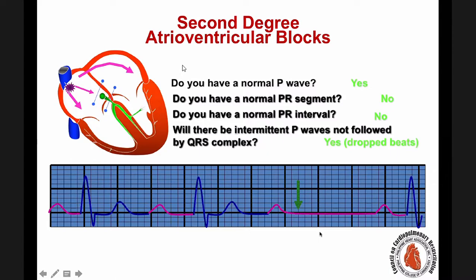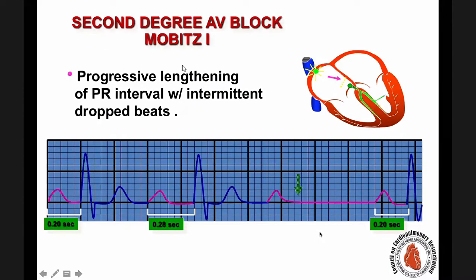So magkaiba, then it must be a Mobitz type 1. Another characteristic of Mobitz type 1 is that the PR interval before the drop beat has the longest PR interval. And then the PR interval after the drop beat has the narrowest PR interval.